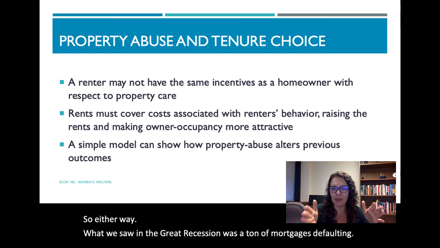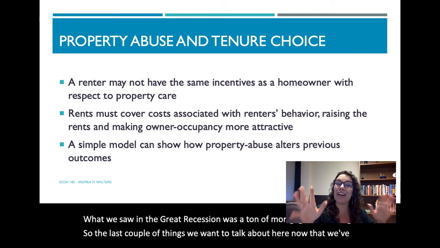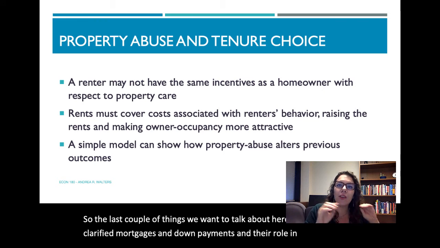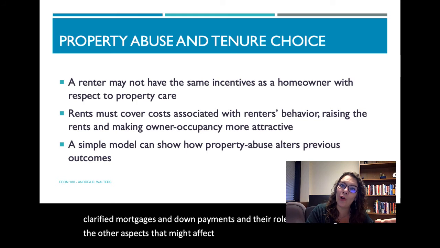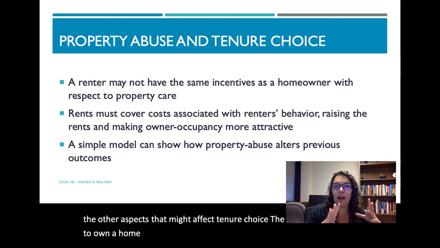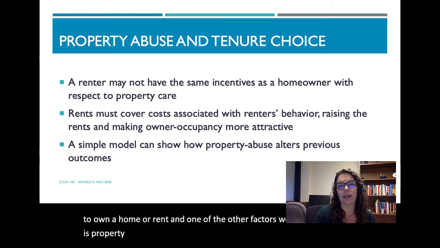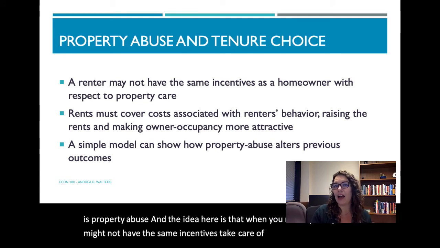So the last couple of things we want to talk about here, now that we've clarified mortgages and down payments and their role in defaulting, is the other aspects that might affect tenure choice, the choice of whether to own a home or rent. And one of the other factors we want to consider is property abuse. And the idea here is that when you rent a place, you might not have the same incentives to take care of the property as you would if it was your own home.